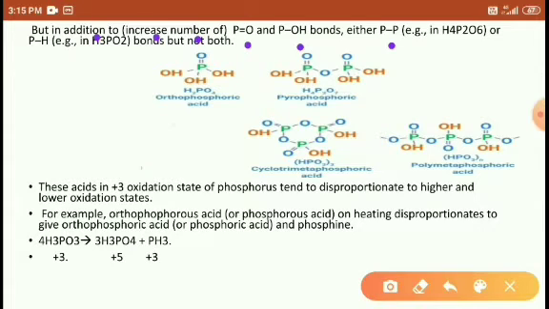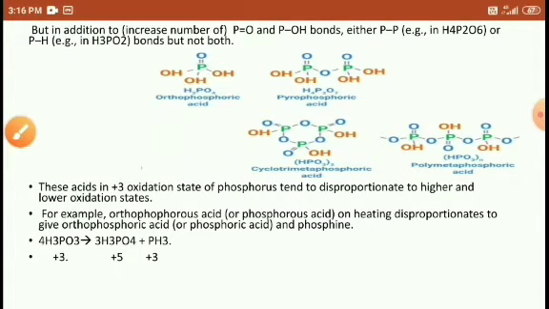So such molecules show the higher oxidation state. For example, H3PO4 exhibits the +5 oxidation state. It means here the number of OH groups is higher; they are repeated 2 times here.